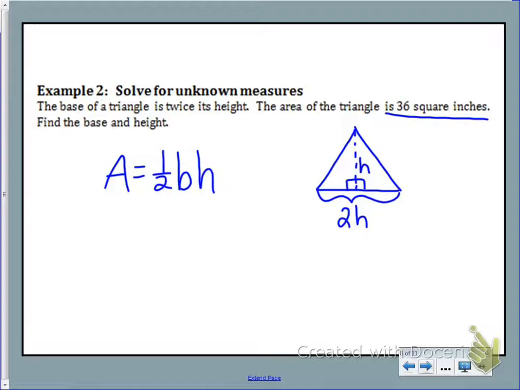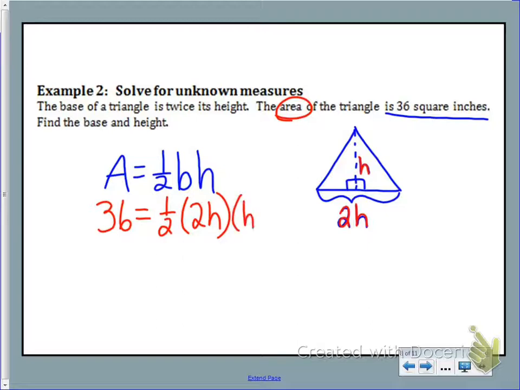Now it's telling us that the area of the triangle is 36 square inches. So in our 3 variables, A, B, and H in this formula, we know that the area is the same as 36. We also identified from our picture that the base is twice H. So the base is 2H, and the height is what we called H. So I'm just taking my information from my picture.